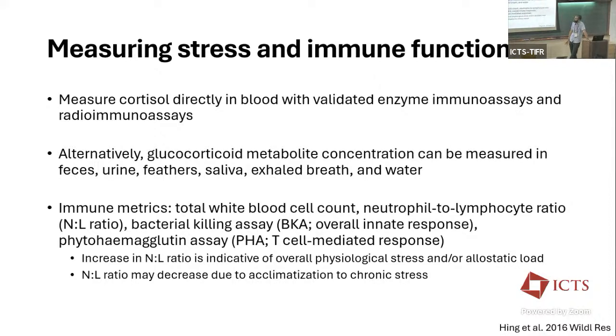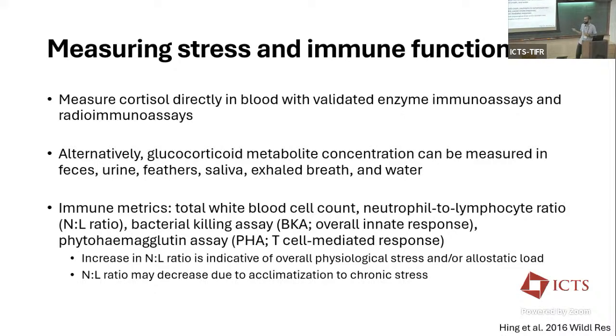Monitoring stress and immune function, you can measure cortisol directly in blood using multiple assays, immunoassays and radioimmunoassays. There's plenty of tests for it now. Alternatively, you can sample indirectly, so you don't have to capture an individual. You can also measure it in feces and urine, feathers, saliva, it's everywhere.